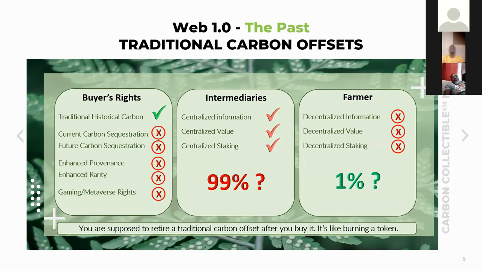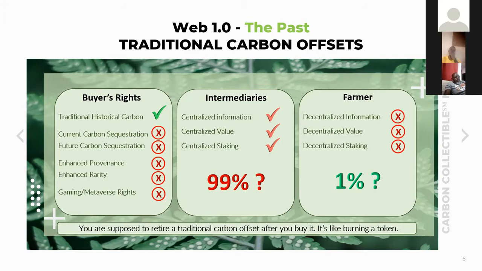It happened a year ago. And you can go to many websites and buy a traditional carbon offset. And most of the money that you pay actually goes to these intermediaries who are managing these projects and certifying these programs. And the farmer probably gets less than 1% of the value when you buy a traditional carbon offset.